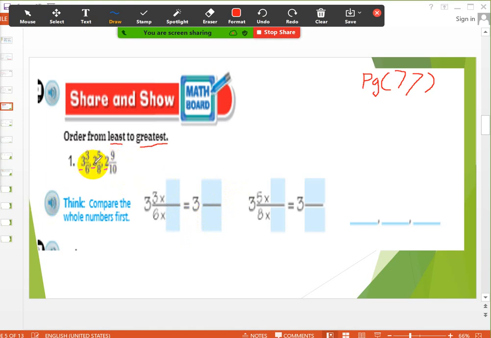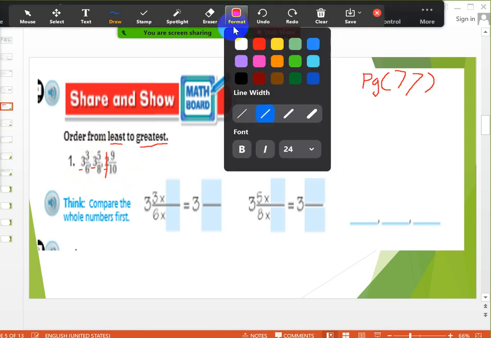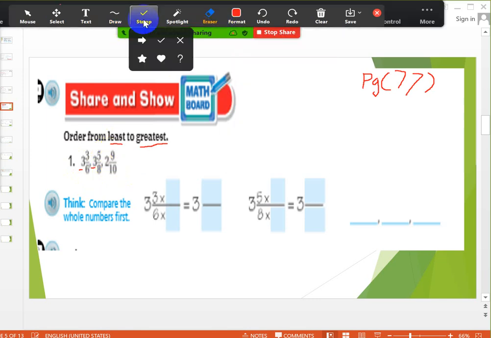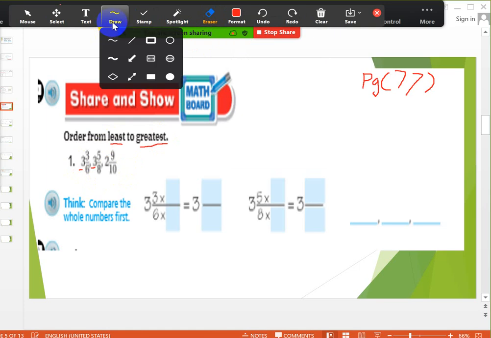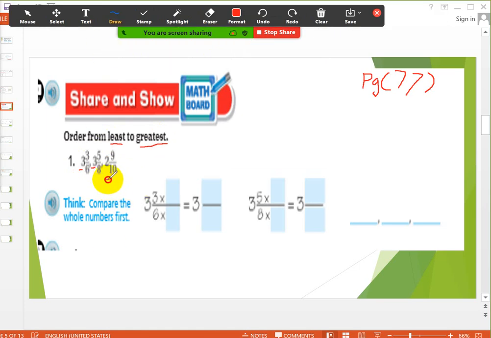So if I want to compare between the numbers, look, I have 3, 3 and 2. Okay, so between those numbers, which one is the least? I think 2 is the least number. That means this mixed number, okay, I will write it again. This mixed number is the least number, which is here 2 and 9 over 10.